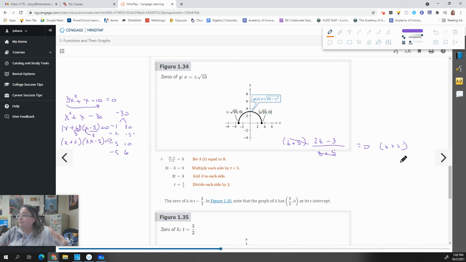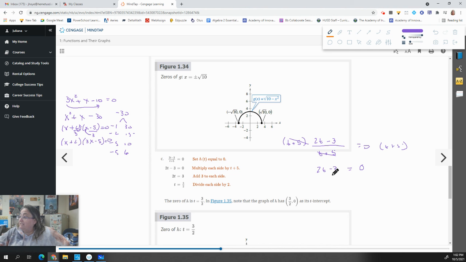This cancels, and I'm left with 2t minus 3 equals, well, what's 0 times t plus 5? It's just 0. So all we have to do is solve this for t, and we'll know the 0 of that function.